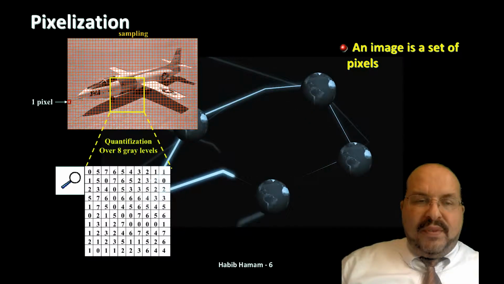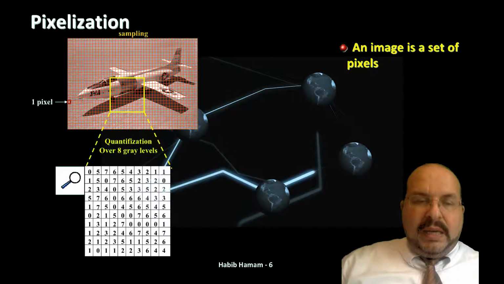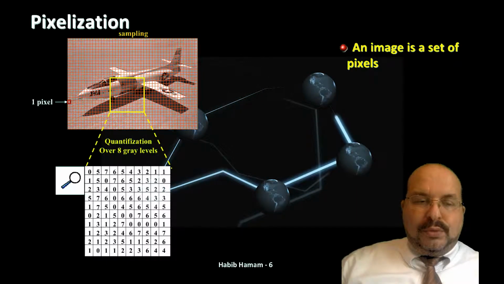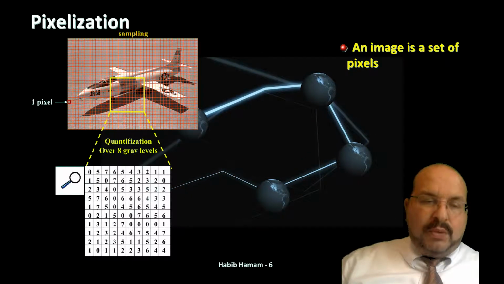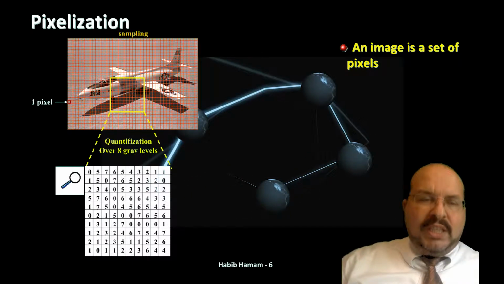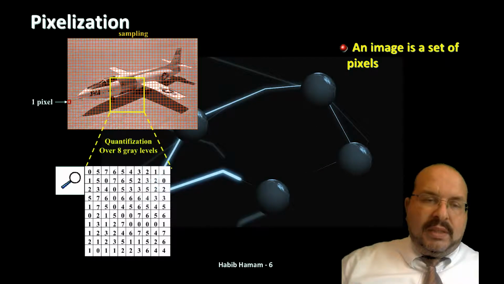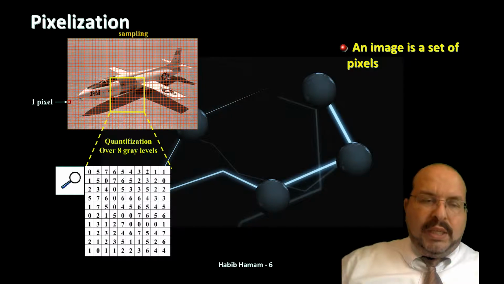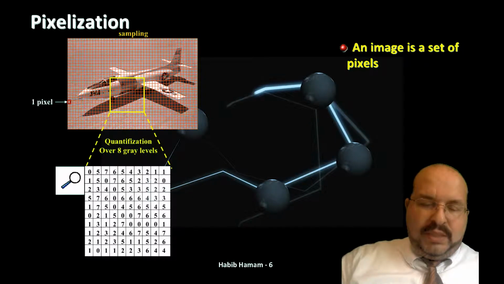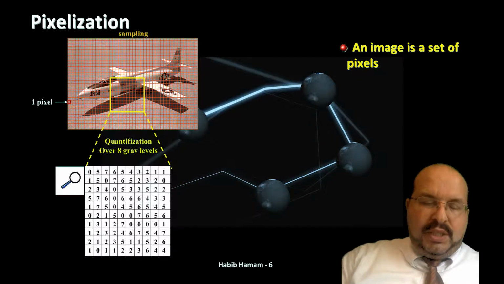To simplify the issue, I limited myself to only 8 gray levels, meaning from 0 to 7. So what is white for me is 7. What is dark is 0. What is in between is 1 to 6. So we have values here.